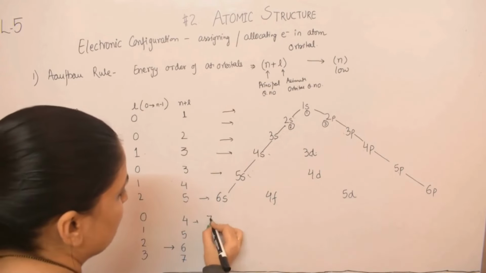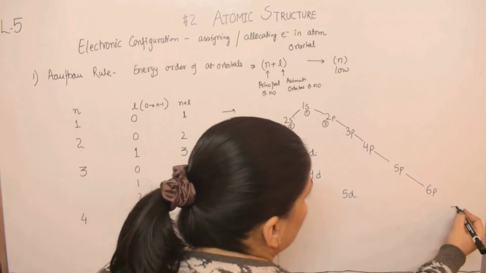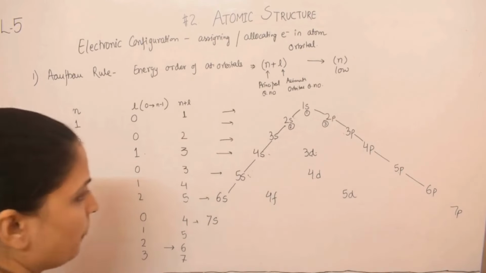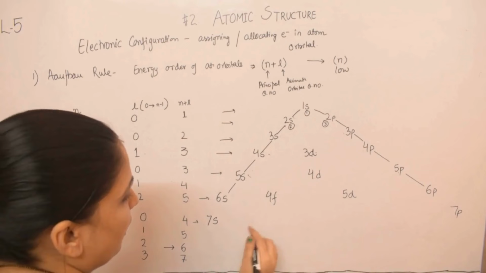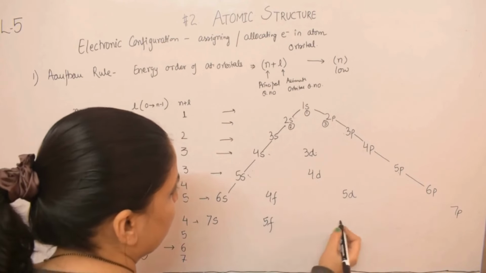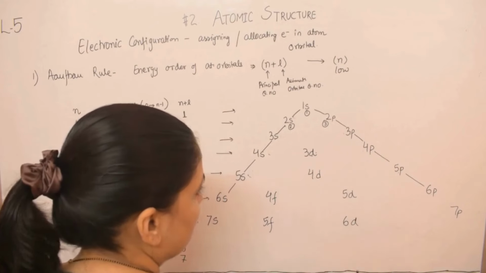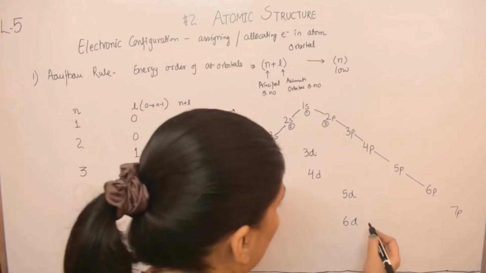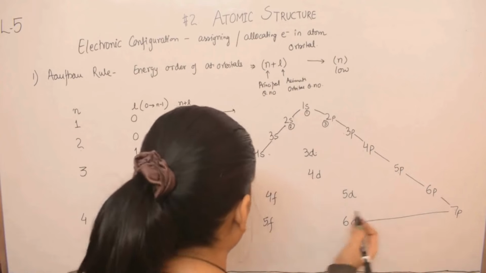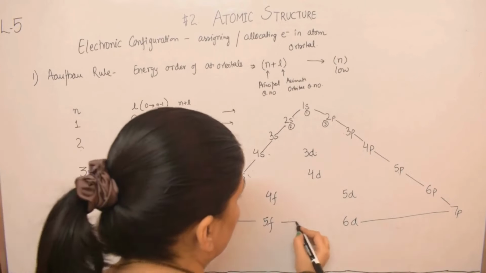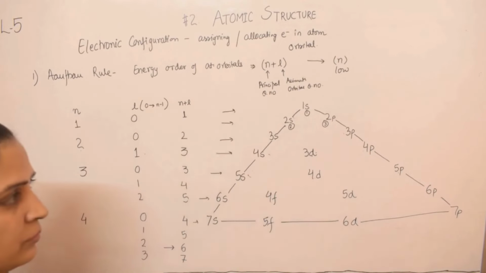Next is going to be 7s. The edge is going to be 7p, and here we'll have 5f and 6d in between. So this completes my energy triangle.